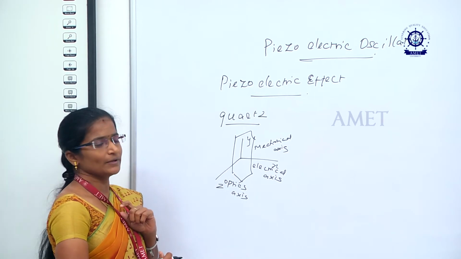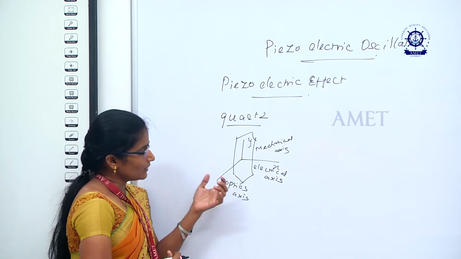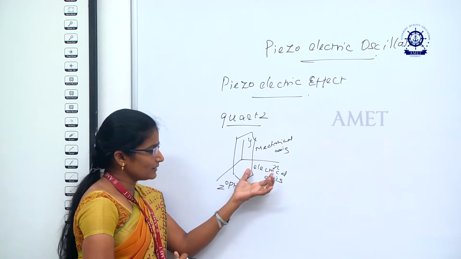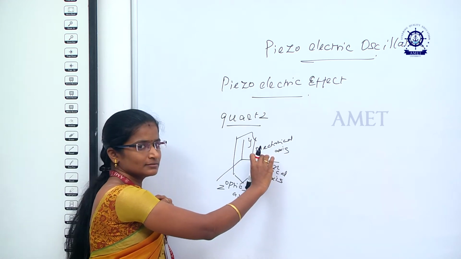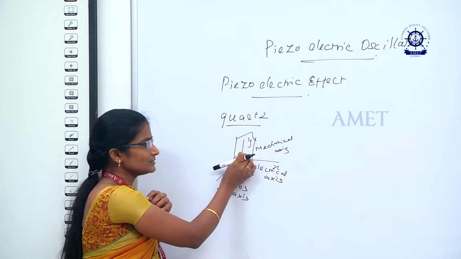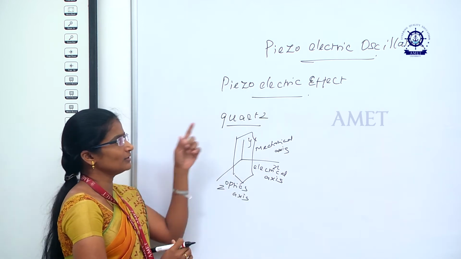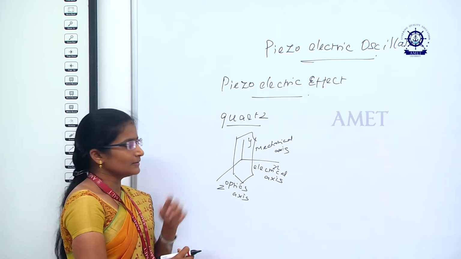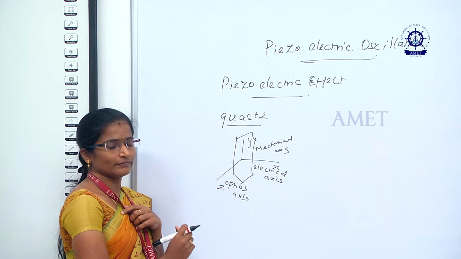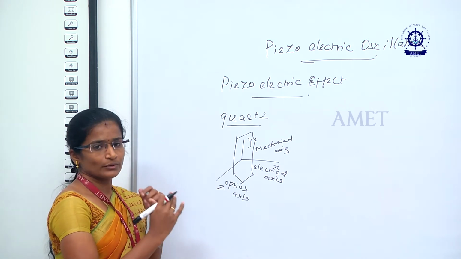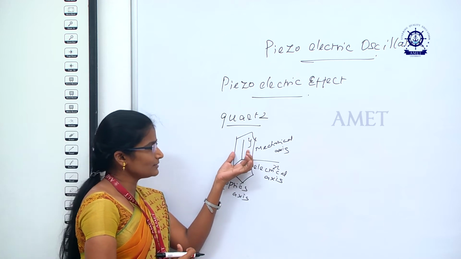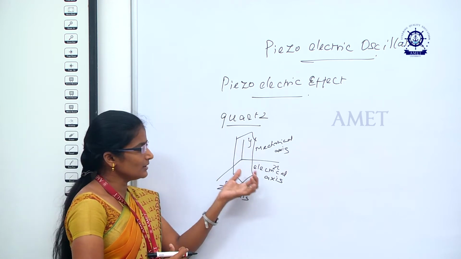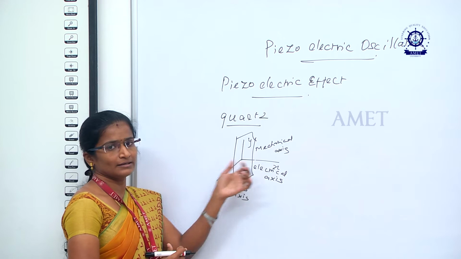The inverse piezoelectric effect means we apply a potential difference on the x axis, and mechanical stress is produced on the y axis. The piezoelectric effect is quite the opposite: we apply mechanical stress on the y axis, and a potential difference is produced on the electrical axis.